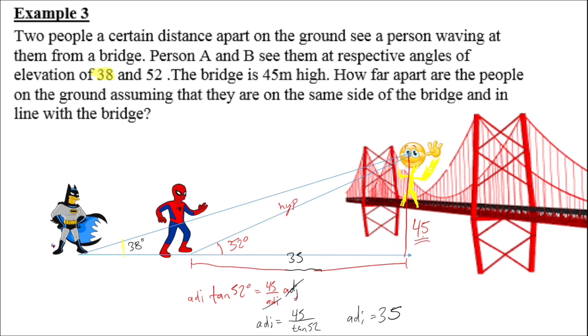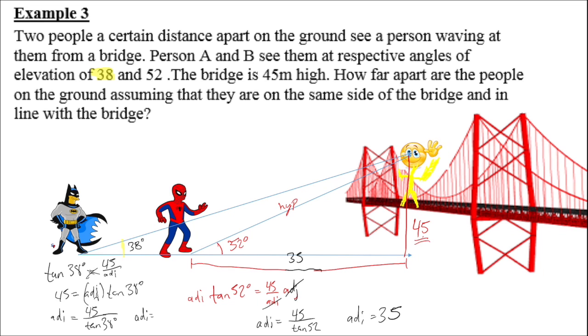Okay, this is 38 degrees. So let's find that out. We use the same ratio: tan of 38 equals opposite over adjacent, 45. If we do the cross multiplication, we get 45 equals ADJ times tan of 38 degrees, in which case we can rewrite it, divide by tan of 38, which is just a number. 45 divided by tan of 38 degrees.